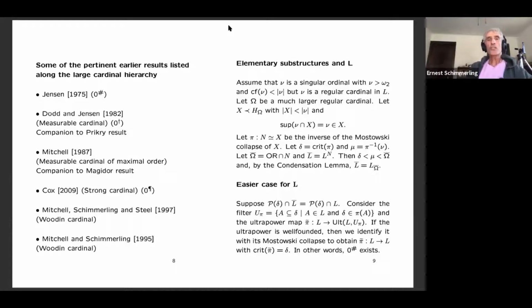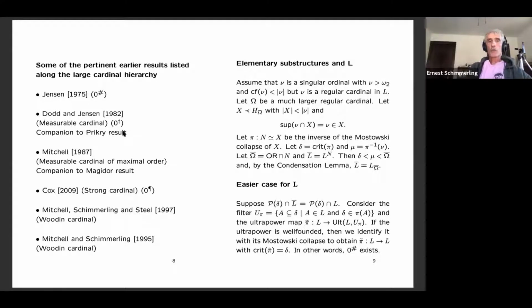And I'll mention some details of that proof that come up in the proof of the current theorem. In particular, I'll mention what sort of elementary substructures are relevant to making the proof work, and the same kinds of substructures will do more for us when the situation becomes more complicated.